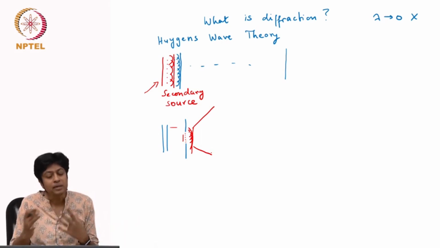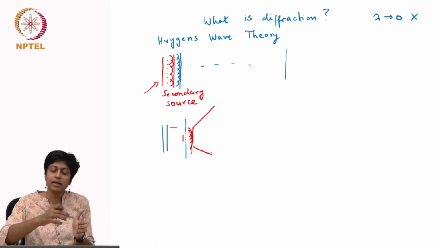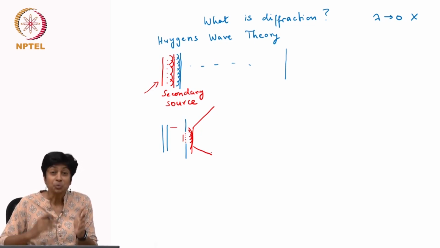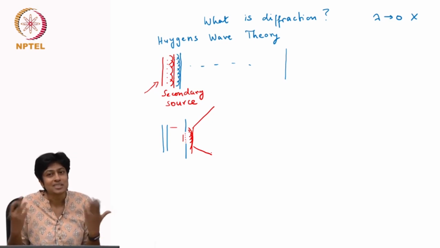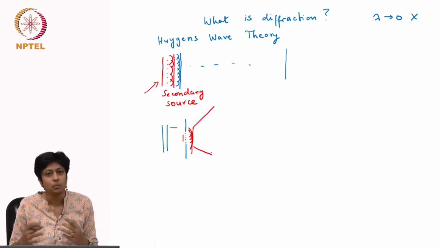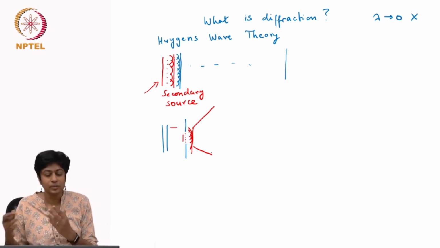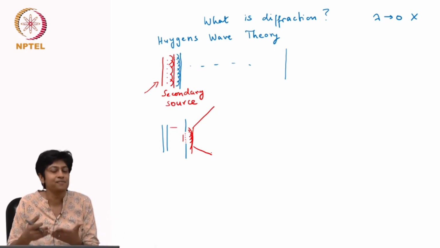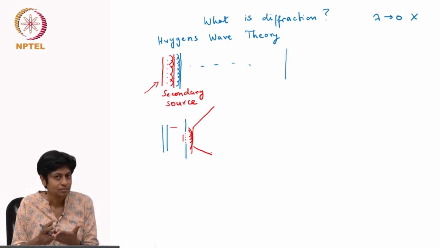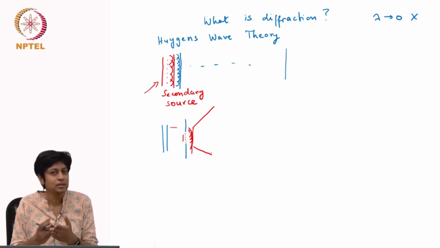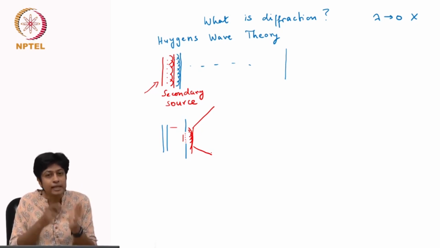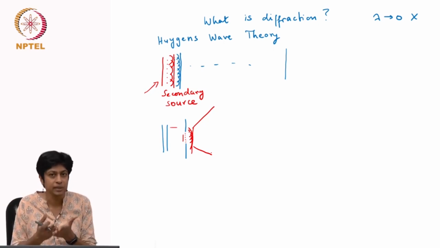Now, the moment I said you can consider the wave as consisting of a number of secondary sources, you could actually think of this as interference. When we looked at an interferometer, we said take a source of light, split it up into two beams, and then have them interfere. So an interferometer had two beams. In general, when we talk about interference, we talk about a finite number of beams coming together.